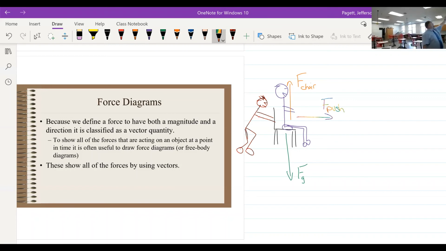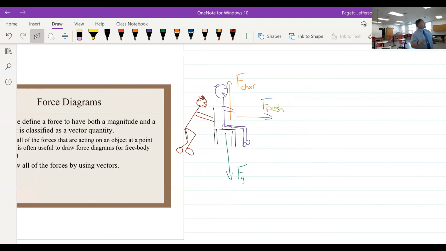Okay, another way that we can do that, again, if you're kind of like me and you don't have the world's best artistic ability, is what's called a free body diagram, where we get rid of the drawing and replace the person with a dot. And so here's my force due to gravity. Here's my force due to the chair.